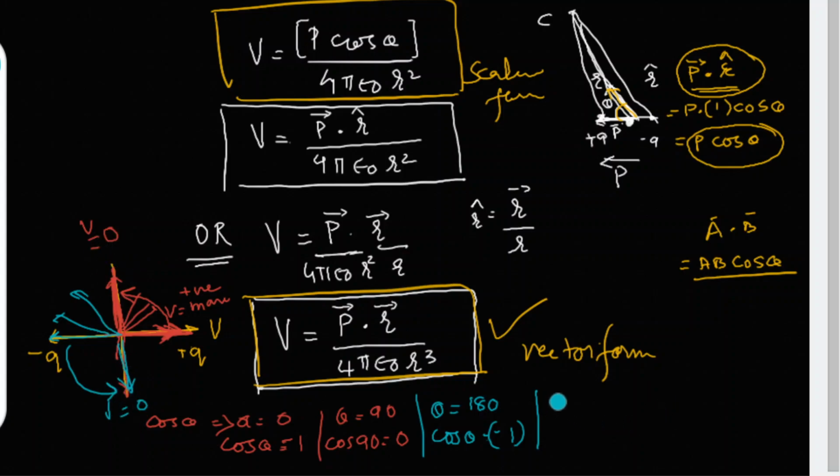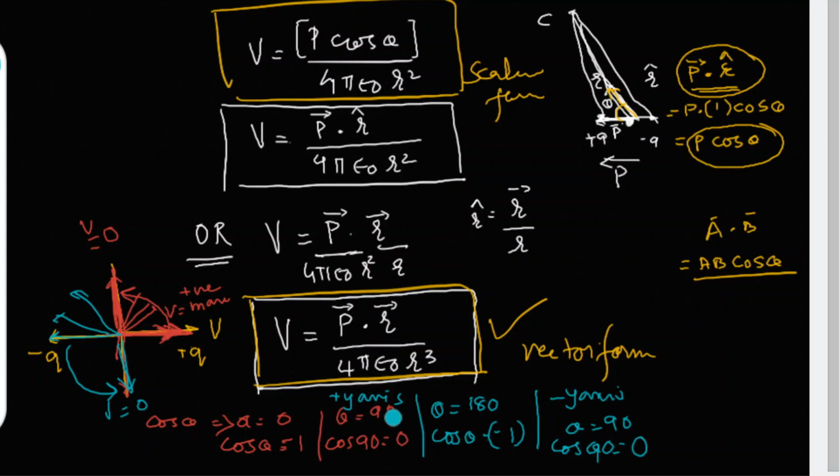So on the y-axis, if you'll see the positive y-axis, then there also theta is equal to 90 degree, and the minus y-axis, there also theta is equal to 90 degree, and so cos theta becomes cos 90 is equal to 0.